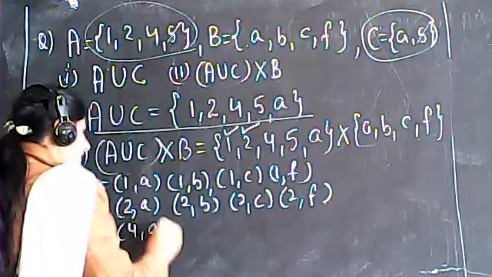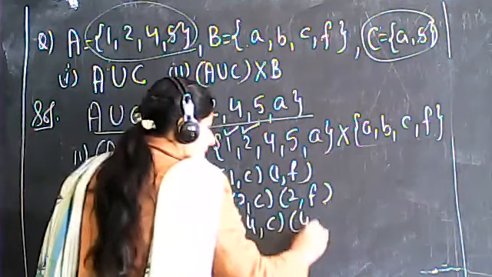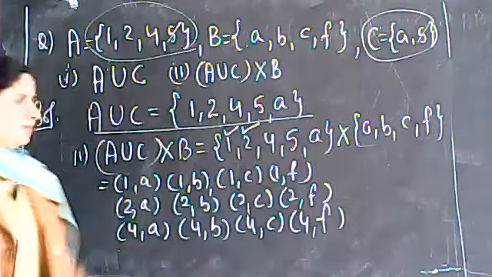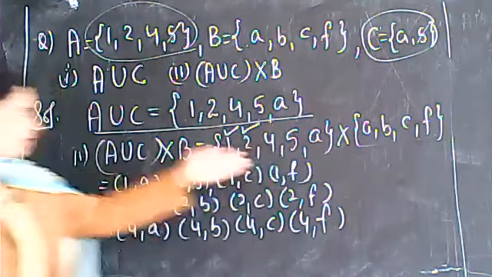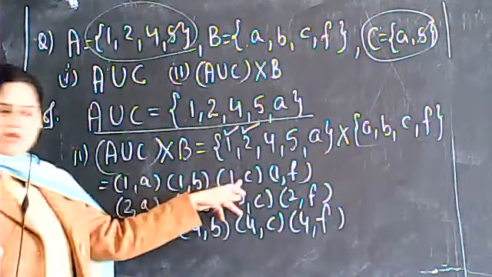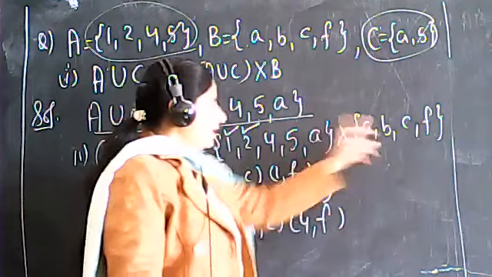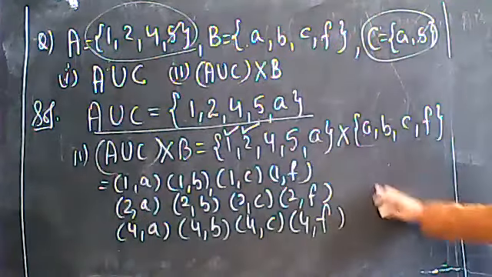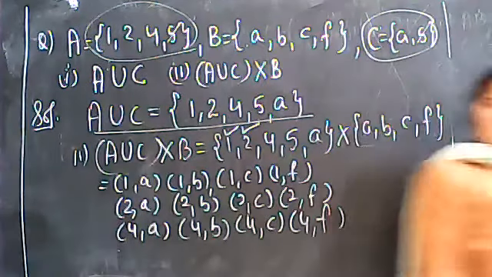So possibilities are 4, A, 4, B, 4, C and 4, F. Similarly, we shall write down the elements for 5 and A. Possibilities for 5 are 5, A, 5, B, 5, C, 5, F. And similarly, A, A, A, B, A, C and A, F. So these are all the possibilities for A union C cross B.